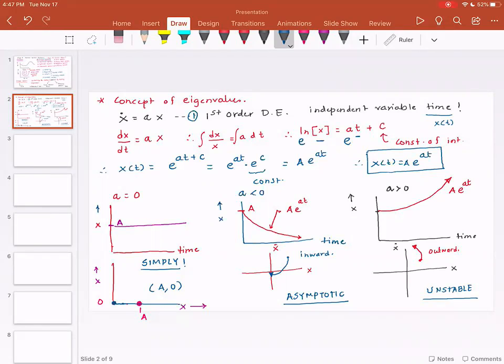When A was less than 0, the system was asymptotically stable. When A is greater than 0, the system became unstable. Now, I want you to remember this important concept.